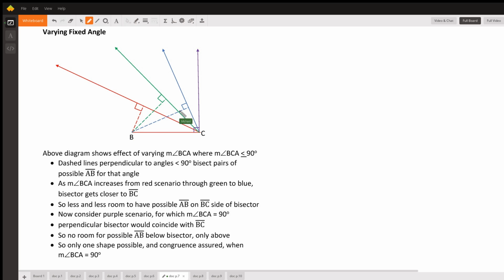So we see a trend that it's less and less likely that you're going to be able to fit something in here for a side. Lots of room up there. So when we get to the purple scenario, the bisector would be here, which means that nothing is possible on this side, only on this side, and only one triangle would be possible.